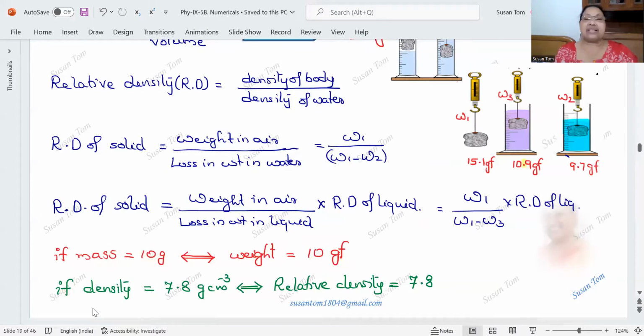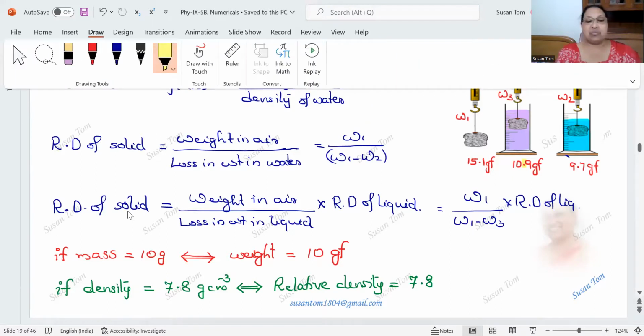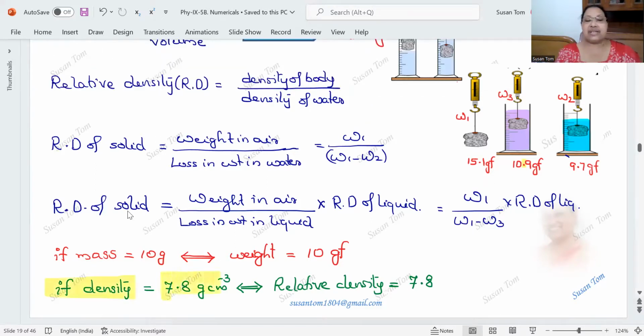And in the same way, there is a relation between density and relative density also. Suppose the density of a body is 7.8 gram per centimeter cube. Its relative density is actually the density of the body divided by the density of water. Density of water is taken as a standard. In CGS system, it is 1 gram per centimeter cube.